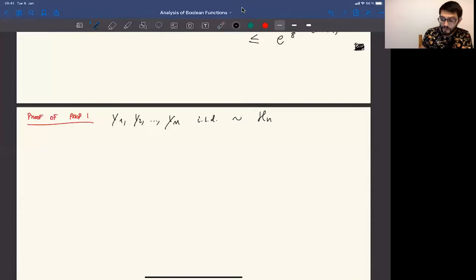And what I can do is I can learn yj f of yj. Because these are random examples, then I try to learn those guys.